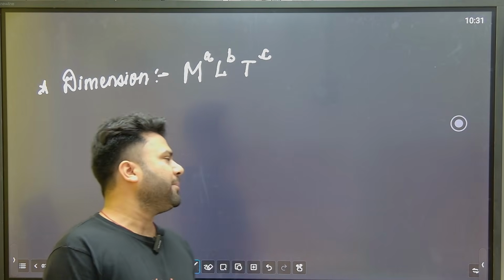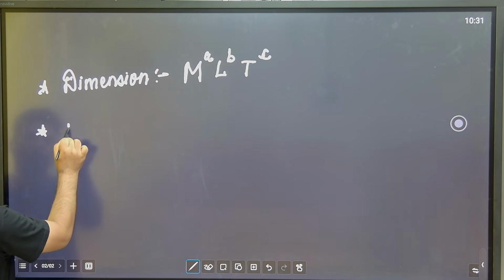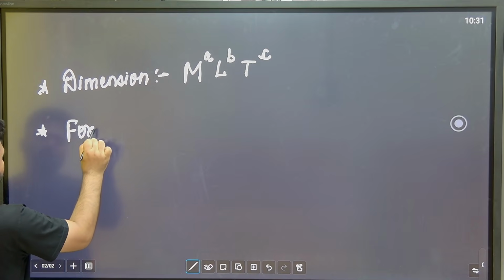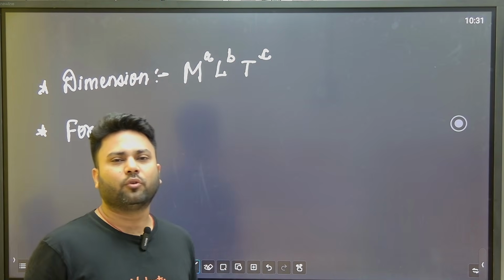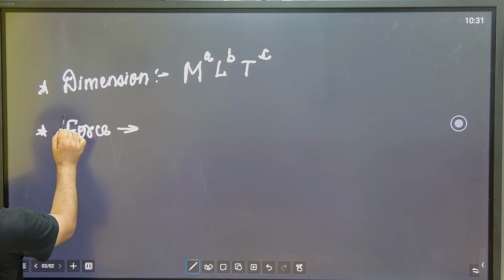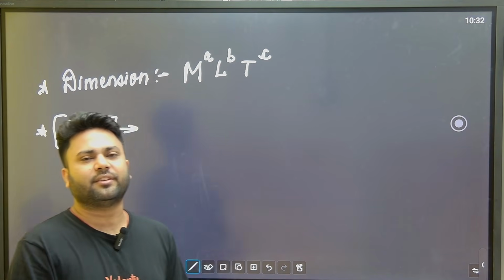Just one example I am giving, like force. If they ask what is the dimension of force, they write it like this. This is the symbol for the dimension.